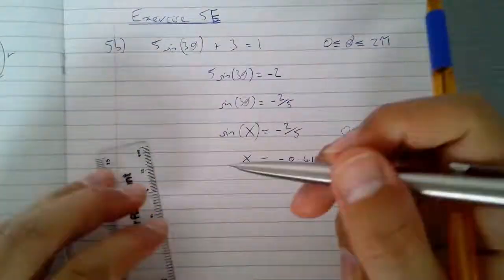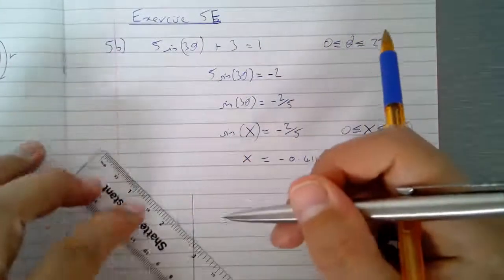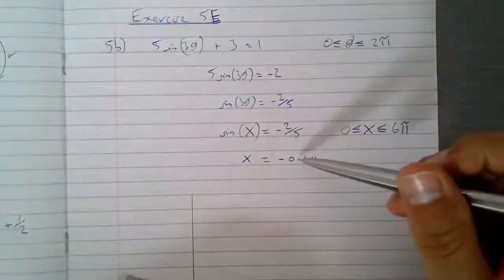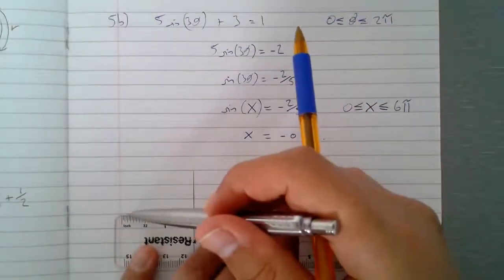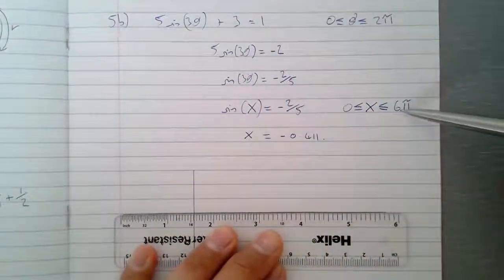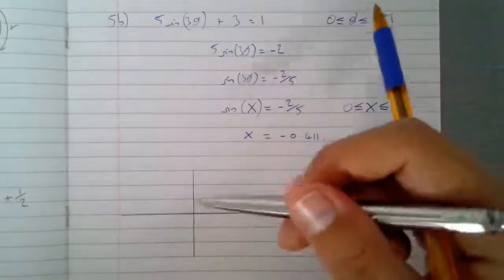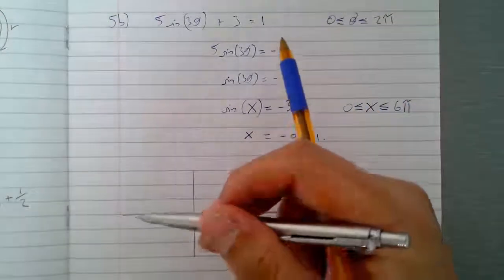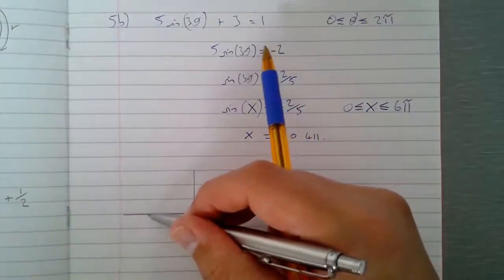So if I now draw myself a sine graph, and because this is going to be a negative value of x, I'm going to draw a sine graph which goes into the negatives, and I'm also going to draw it up to 6 pi because I want to do between 0 and 6 pi. But because there's negative bits here, I'm going to go negative as well. I probably don't have to go very negative, so I'm just going to do a half phase back.